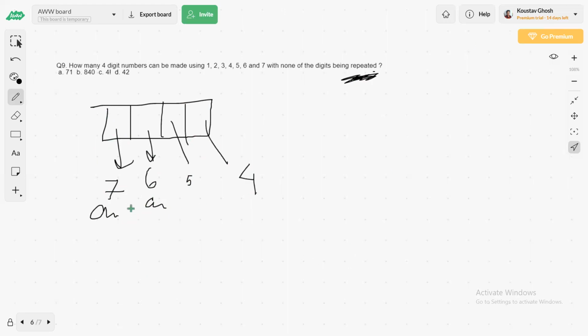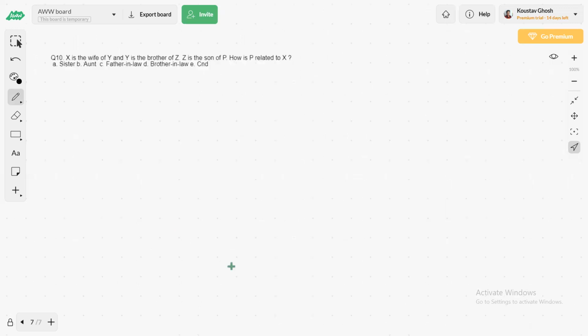We have to multiply these 4 numbers: 7, 6, 5, and 4. So the result is 5 4s are 20, 2 6s are 12, 0, 12 7s are 84, so 840. So option B is the right choice.